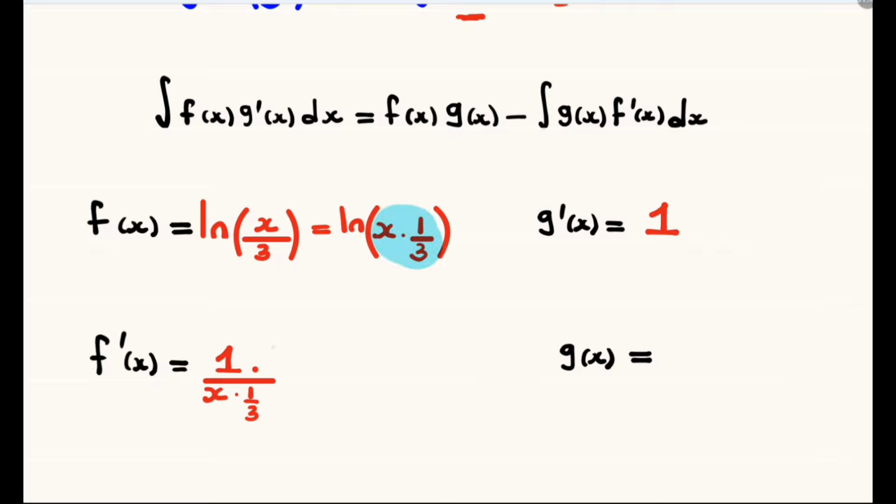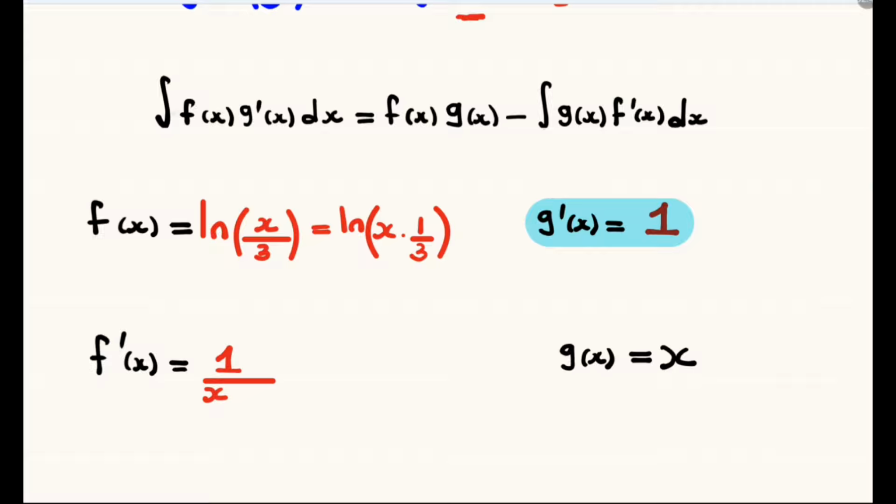The derivative of x multiplied by 1 over 3 is 1 over 3. So the 1 over 3 and that 1 over 3 cancel out, so we can just erase them. And on the other side, the integral of 1 with respect to x will be equal to x.